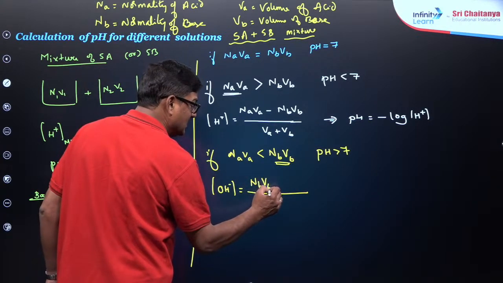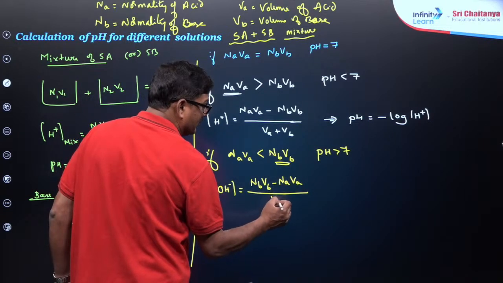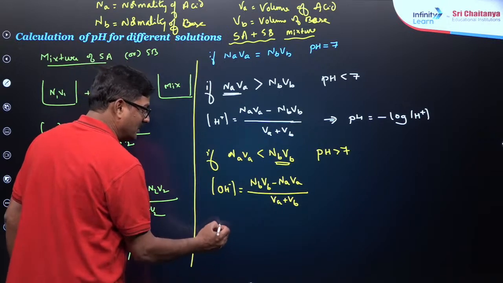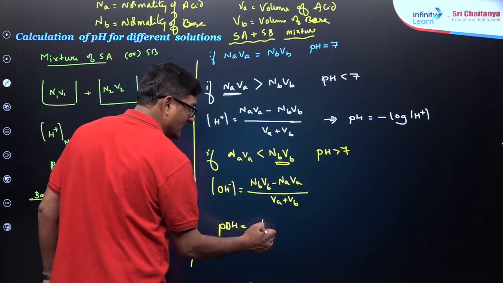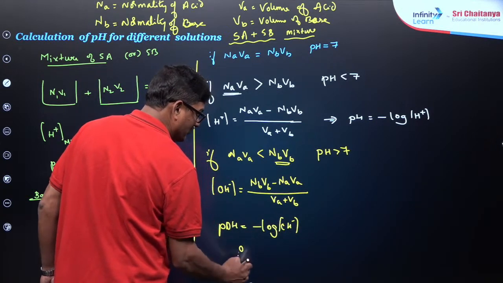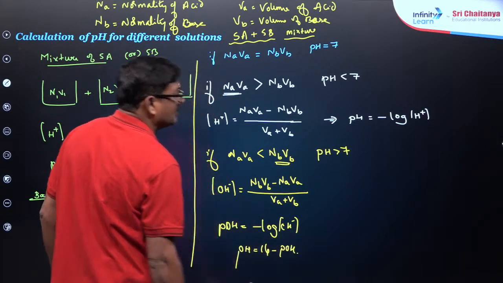NbVb से NaVa सब्ट्रैक्ट करना पड़ता upon Va plus Vb. ओके, इसका pH कैलकुलेट सकते हैं पहले POH निकालने के बाद. POH is equal to negative log OH क्या हिसाब से करो बेटा, एंड pH इज इक्वल टू 14 माइनस POH करना है.